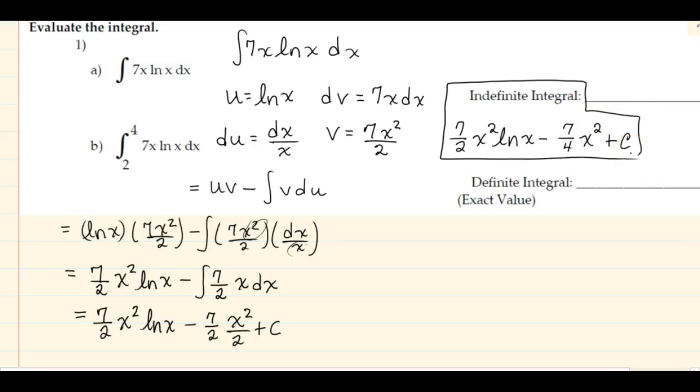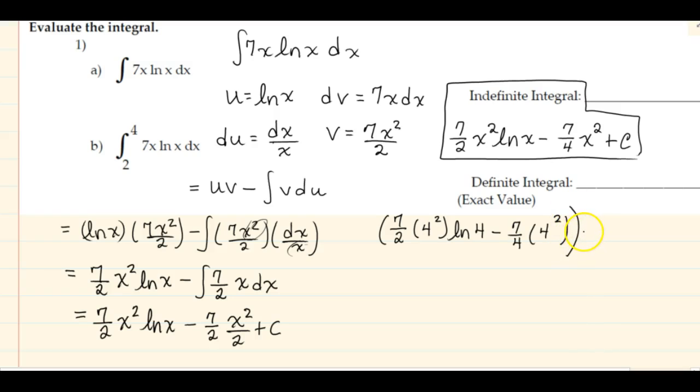So now we're going to use our definite integral. We're going to use our indefinite integral that we found and then evaluate it at 4 and then subtract it when we evaluate it at 2. So that part will become 7/2, and then I'm going to plug in my 4 squared natural log of 4 minus my 7/4, plug in my 4 and square it.